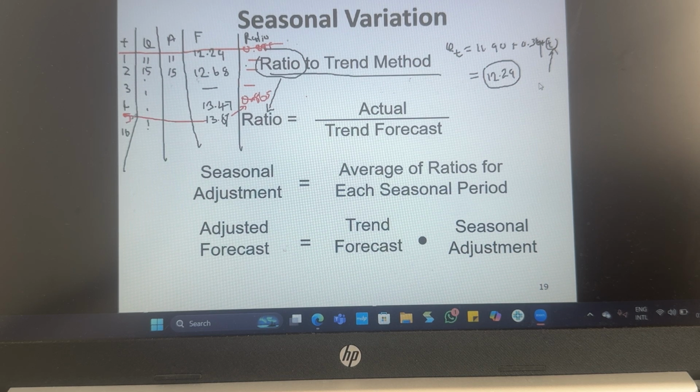Number 5 is 1998 first quarter, 6 second quarter, 7 third quarter, 8 fourth quarter, and then you have to get number 9. Number 9 ratio I need.